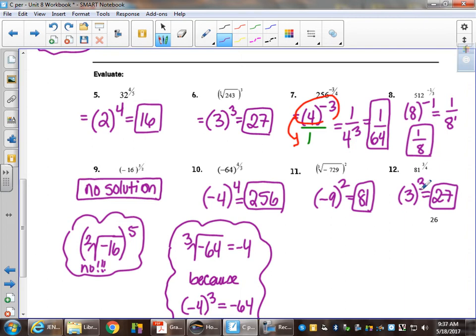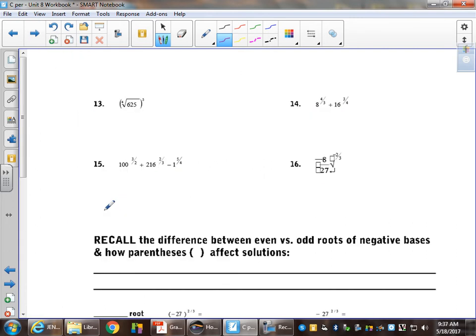Try 13 on your own and check with a neighbor. Once you've checked with a neighbor, check with me. Do we match?